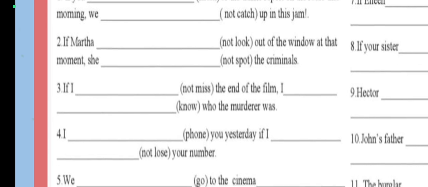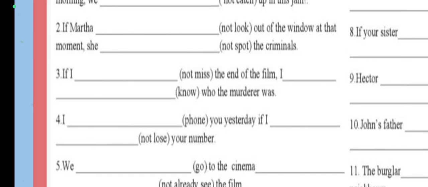So I will choose Valerie. Can you do from number 2 to number 4, please? Yes, I will try. You said that with if we use past perfect, right? Right. Okay.